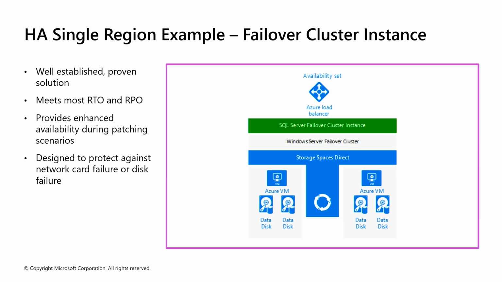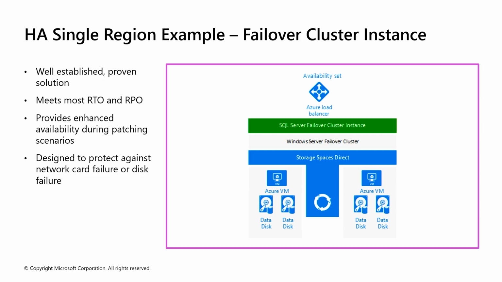An Azure load balancer directs traffic to the active node. This architecture is a well-known and proven solution that meets most RTO and RPO requirements. It also provides a standardized method for application connectivity, and it enhances availability during patching scenarios while allowing seamless failover. It is designed to protect against network card failure and disk failure.